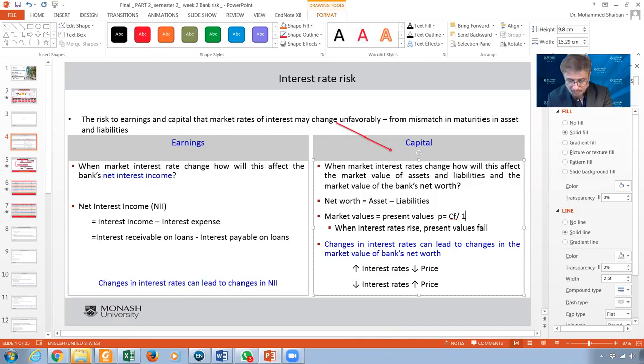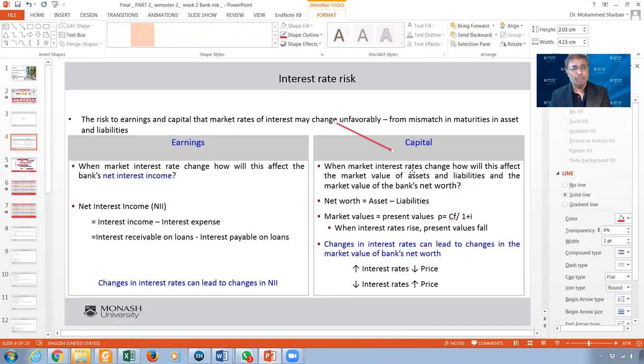If i increases, as I explained to you before, the price will go down.